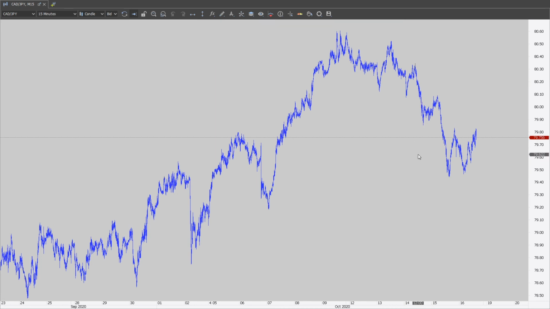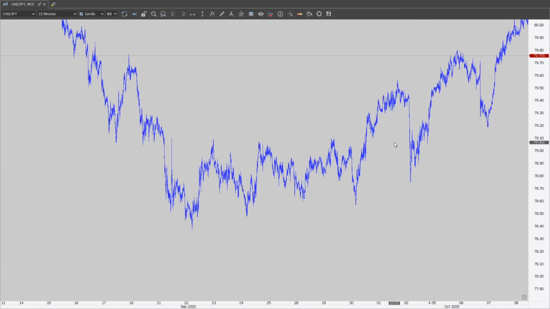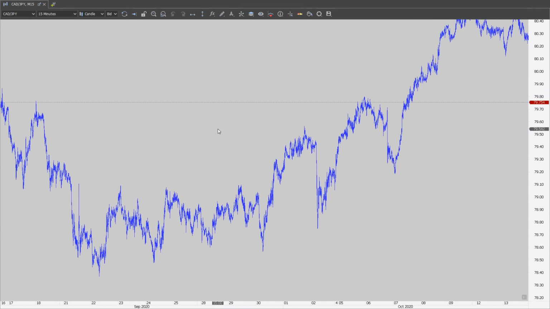Anybody? Should we go long? Should we go short? Talking about Canada JPY. So let's compress the chart, right? What is the market doing?